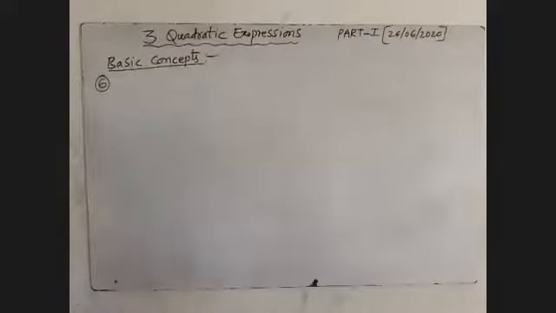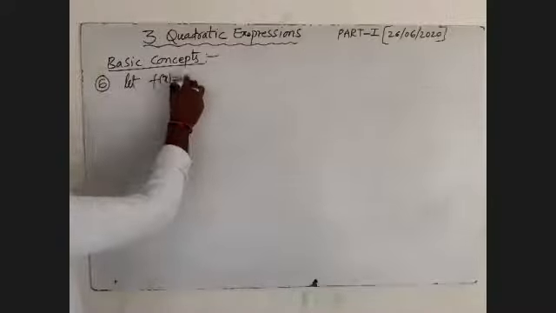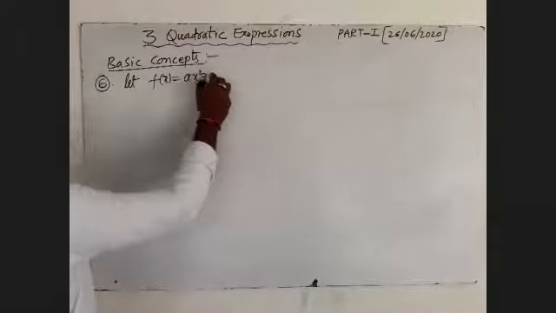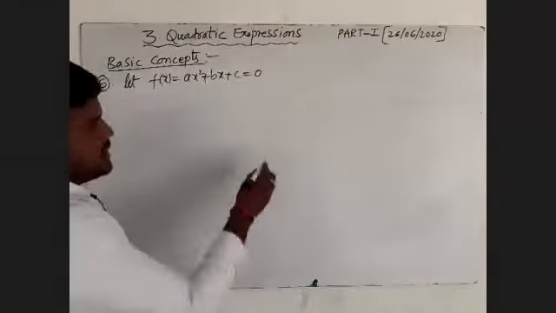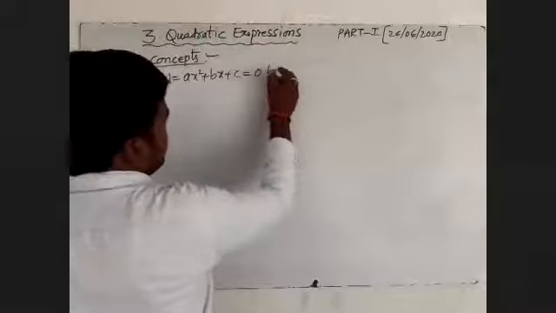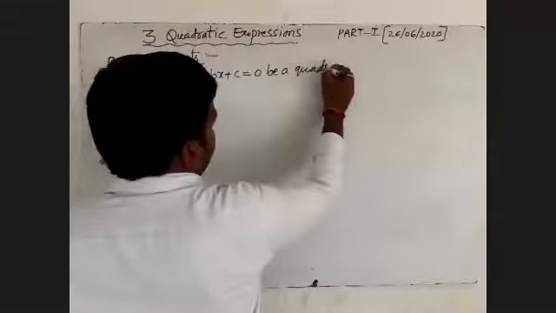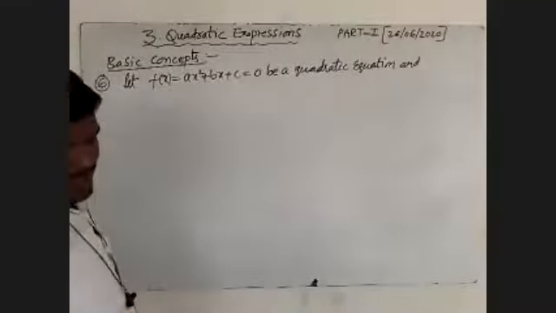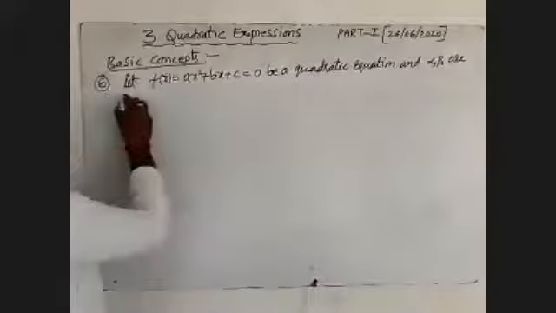Let f of x is equal to ax square plus bx plus c is equal to 0 be a given quadratic equation, and alpha comma beta are its roots.